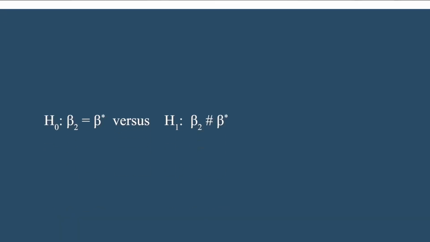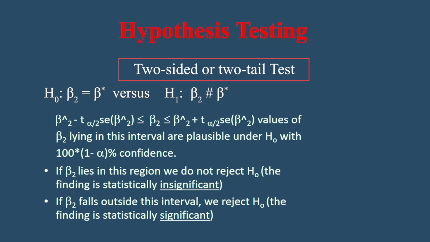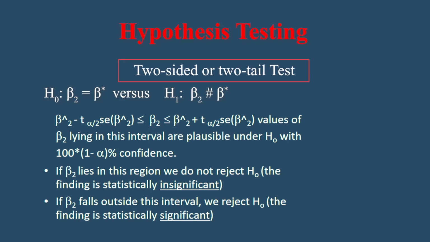So we go for a two-tailed test or a one-tailed test, and we want to claim whether this beta hat lies within the interval of the standard error of the beta 2 or it lies within alpha by 2. Here we are observing that a confidence interval for beta 2 is being decided.